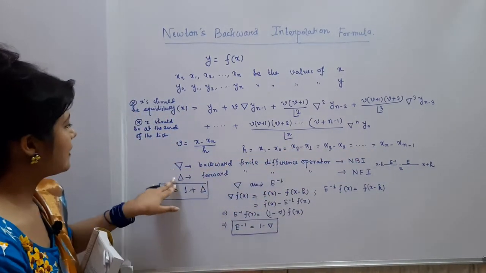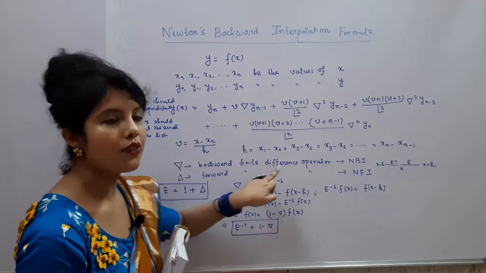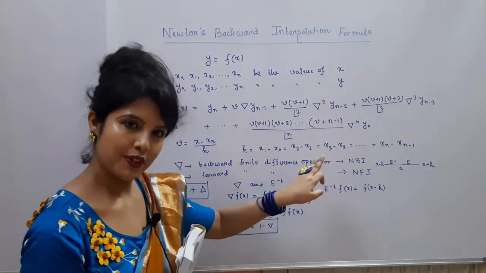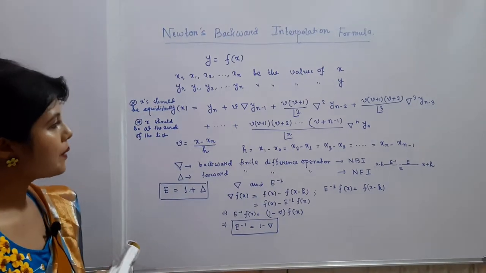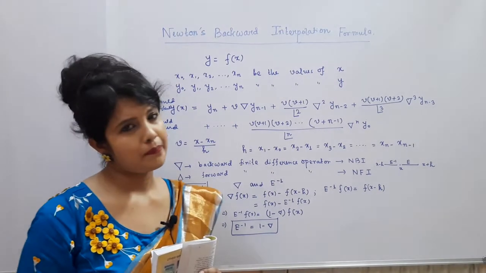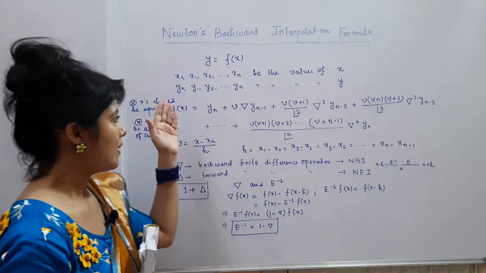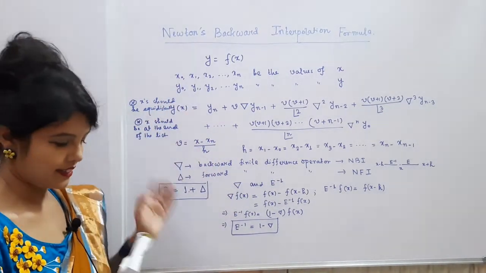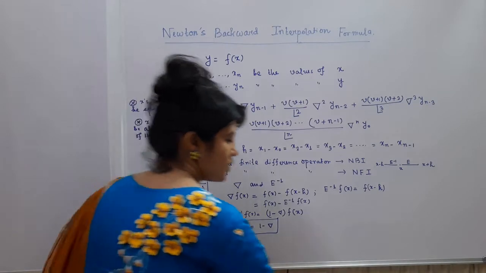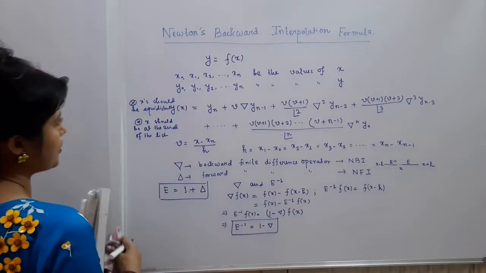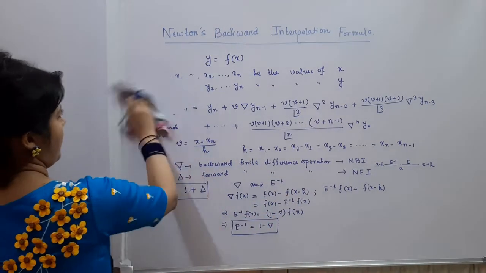This delta is the backward difference operator. Now I am going to solve some problems on Newton's backward interpolation formula by using this result.